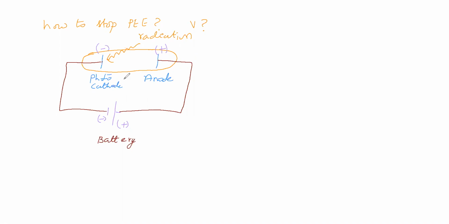Sir, okay. Now what question are we considering? What is the voltage required to stop the photoelectric effect? That is the question. For which we will consider this radiation is having a quantum. That quantum is having energy, suppose 5 joule.